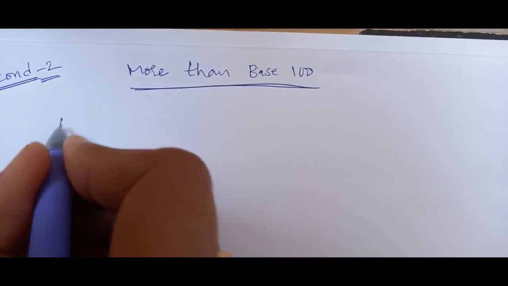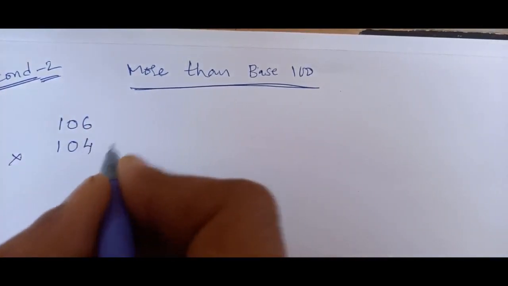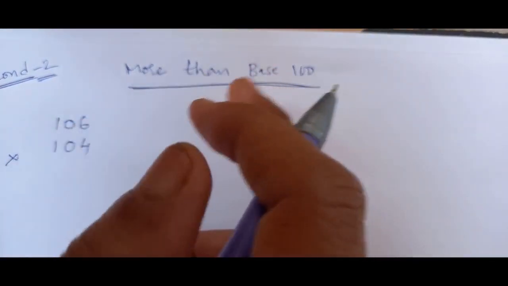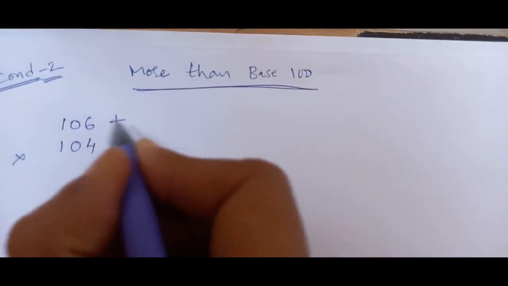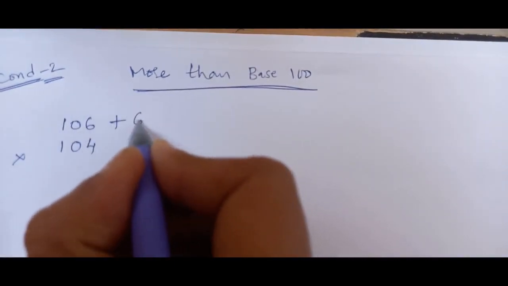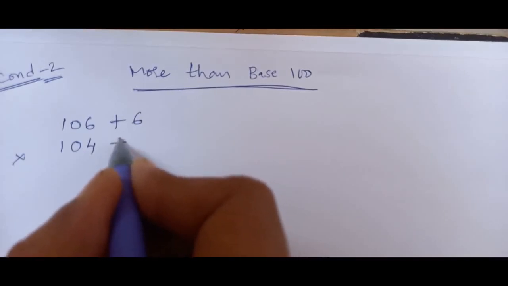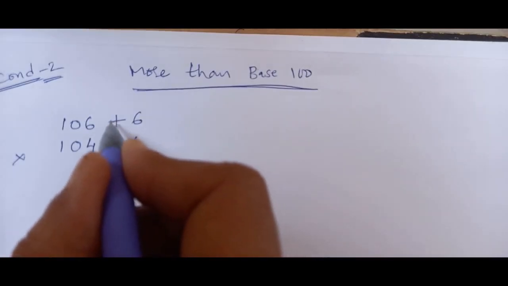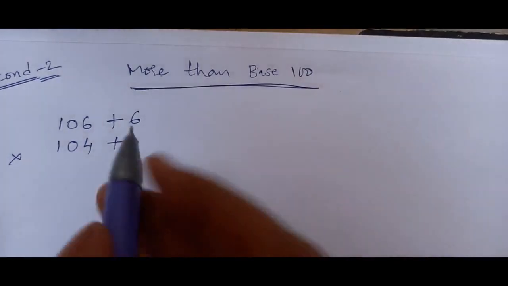That is 106 into 104. Both the numbers are above 100. So 106 is 6 more than 100. 104 is 4 more than 100. So more than, we need to write plus. If it is less than, we need to write minus. If it is more than, then we need to write plus.